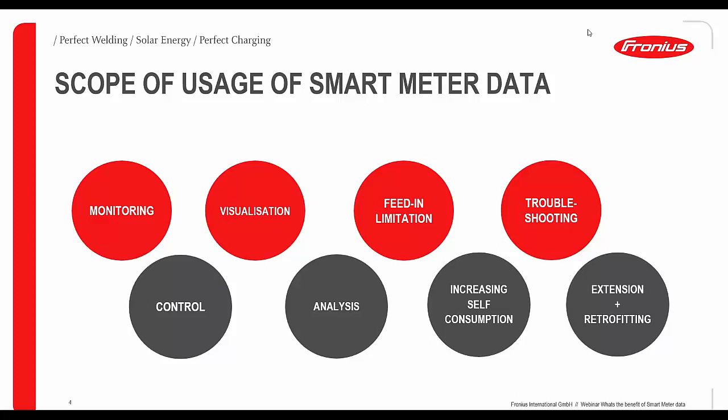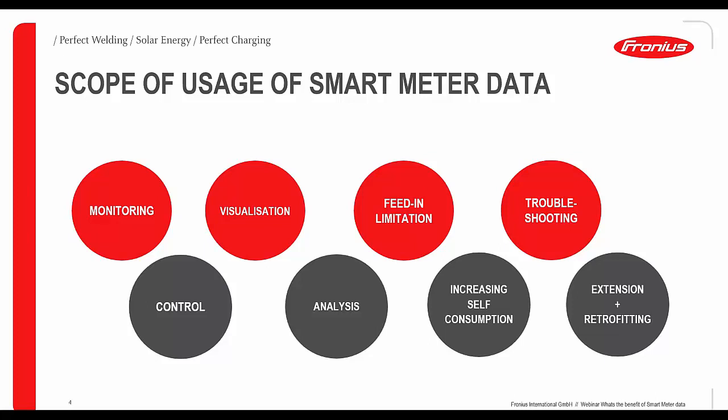Extension and retrofitting. Extension and retrofitting is also something in terms of the PV system costs and the usage, like the first bubble before, increasing self-consumption. Maybe after a longer lifetime it can make sense to increase your PV system depending on the usage, especially for heating also with PV power or storing that into a battery.